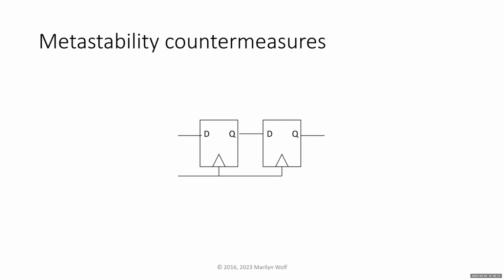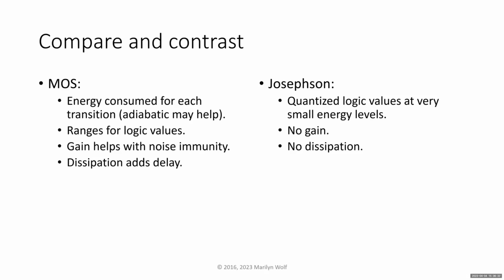Now that we've reviewed some basic properties of the CMOS that we've come to know and love, let's compare MOS logic in general, and I'll tell you why in a minute, to Josephson logic. We could consider adiabatic logic, but basically we use energy for each transition.